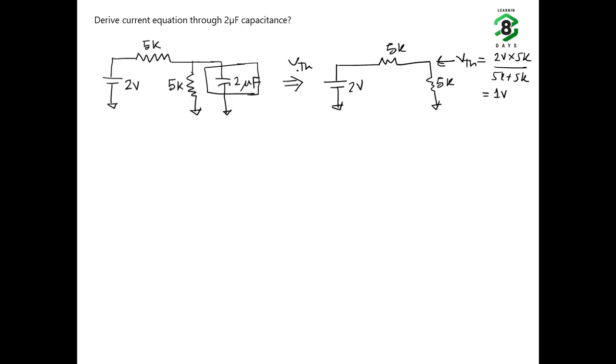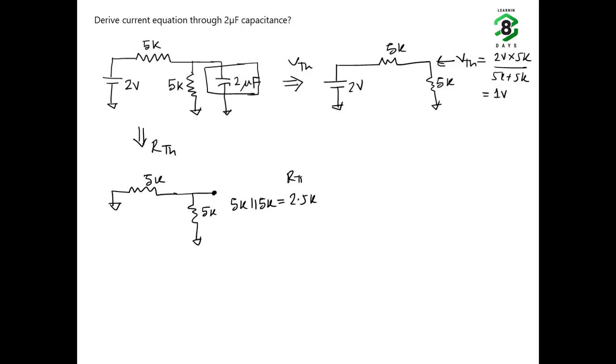So first we found out the Thevenin voltage, and now let's find out the Thevenin resistance. And for that, what is our rule? The voltage source will be replaced by ground. And from this point, we are going to find out the effective resistance. So essentially 5K and 5K in parallel. So the effective resistance is 2.5K.